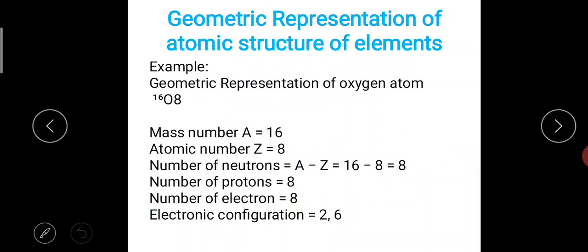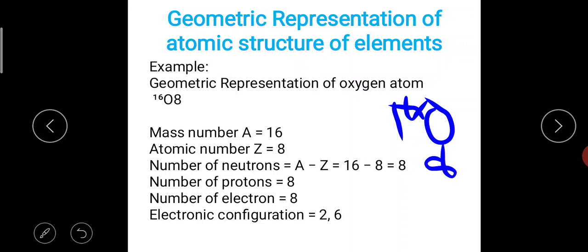Let us see the geometric representation of the oxygen atom. Oxygen is represented as O-16, with 16 on top, which is the mass number, and 8 below, which is the atomic number. So mass number A is 16, atomic number Z is 8. The number of neutrons is mass number minus atomic number, which is 16 minus 8, equal to 8.